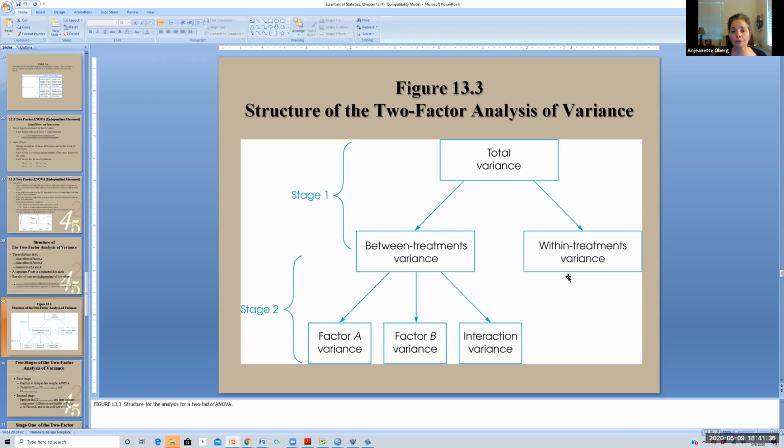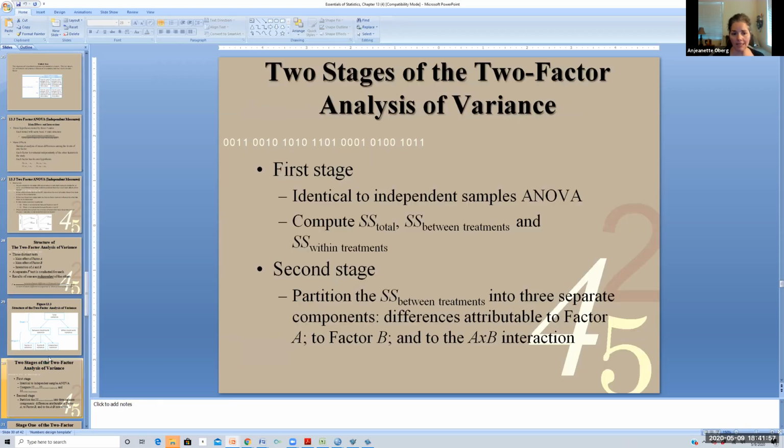But now for an ANOVA, we're dissecting out that between groups variance further. And we're dividing it between what's the variance because of factor A, what's the variance or differences between the 2 groups for factor B, and then what's that interaction variance. So it's a multi-step process.